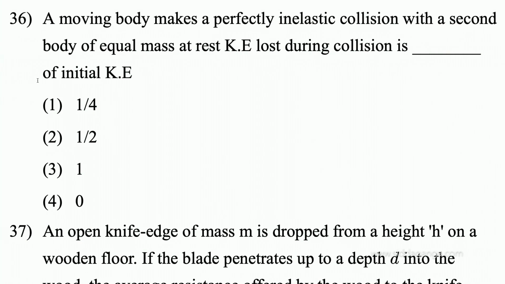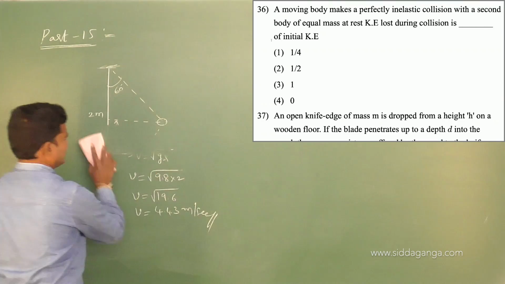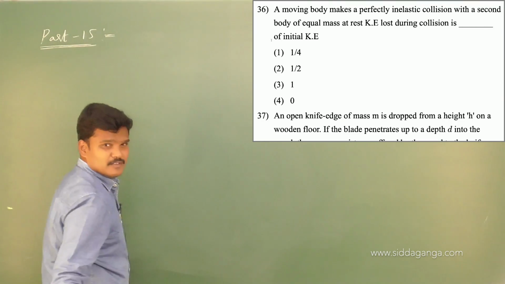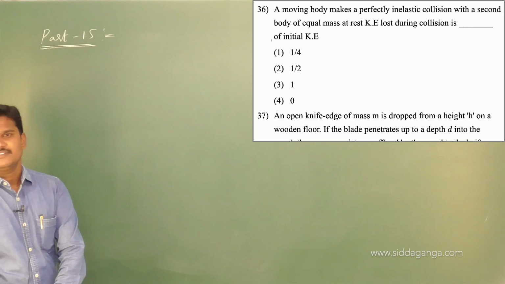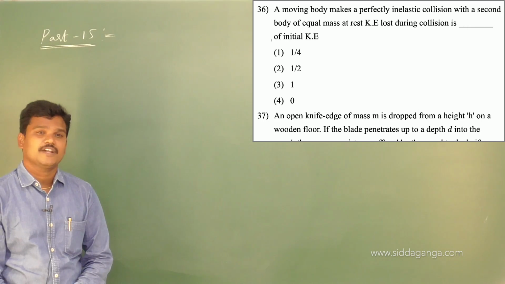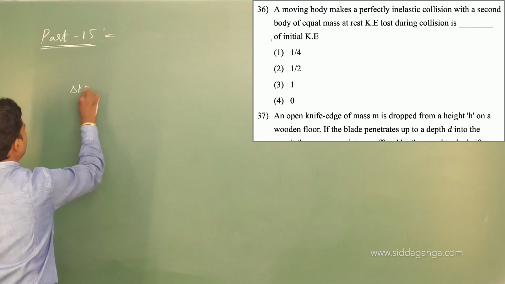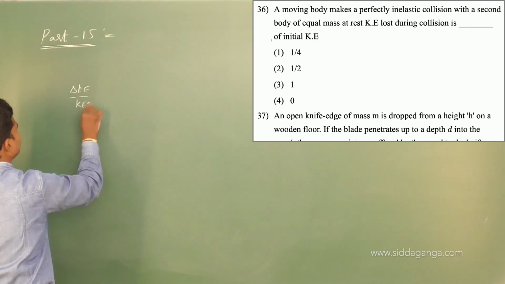A moving body makes a perfectly inelastic collision with a second body of equal mass at rest. Kinetic energy lost during the collision is what fraction of the initial kinetic energy? This concept is also covered. I hope you remember the loss of kinetic energy to the initial kinetic energy, delta KE by KEi.